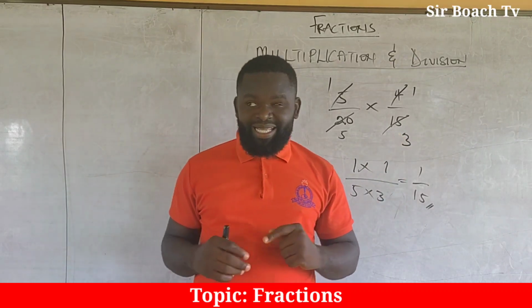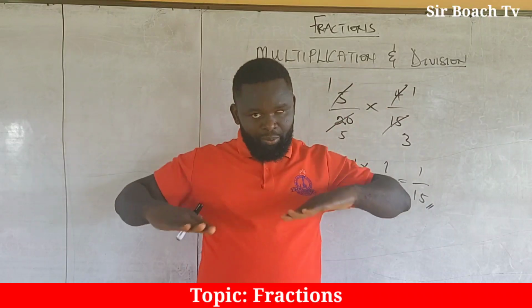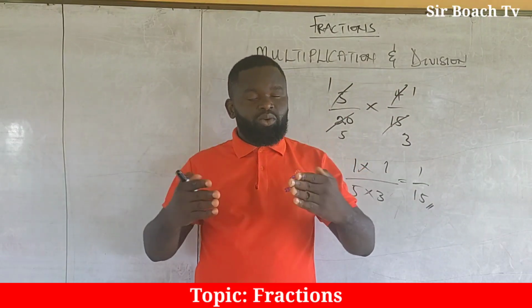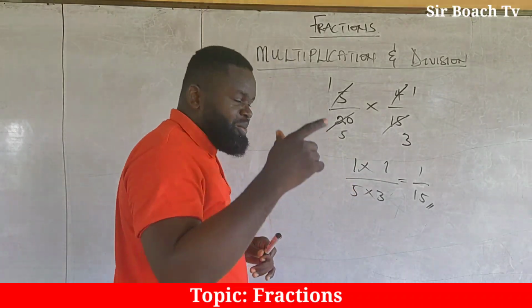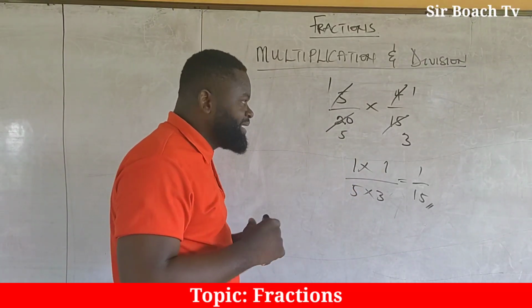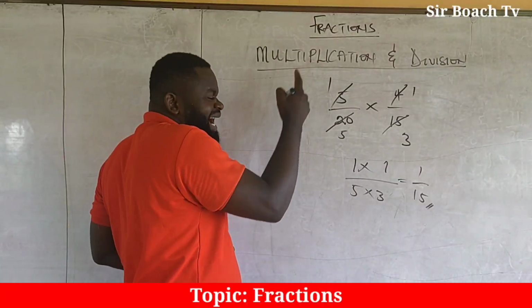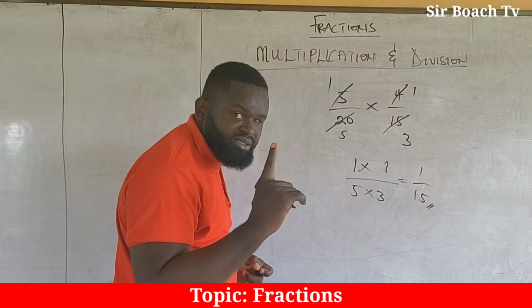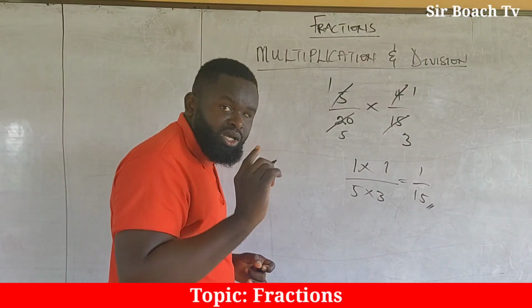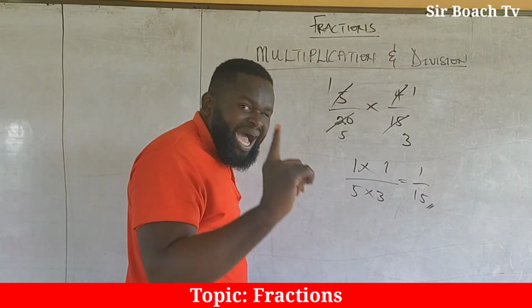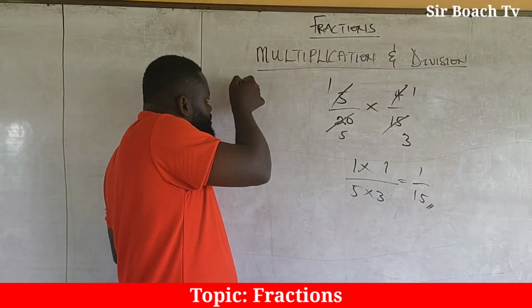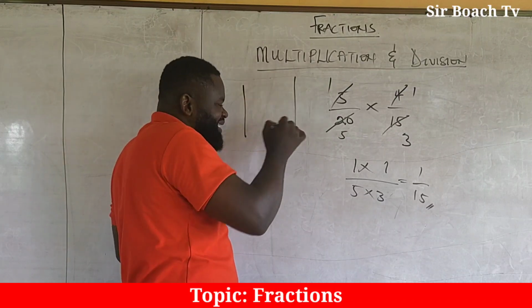So with multiplication, we multiply the top and we multiply the down. But if we want to cancel, we have to be careful. When we are adding and subtracting, please, we don't cancel as we cancel in multiplication and division. When we are adding or subtracting, we cancel like this and like this.